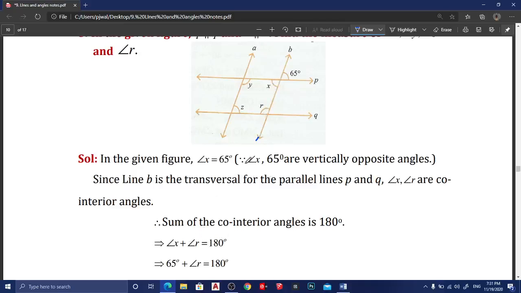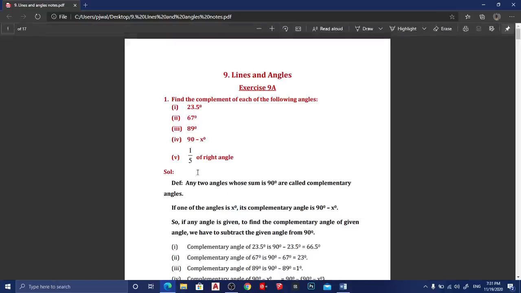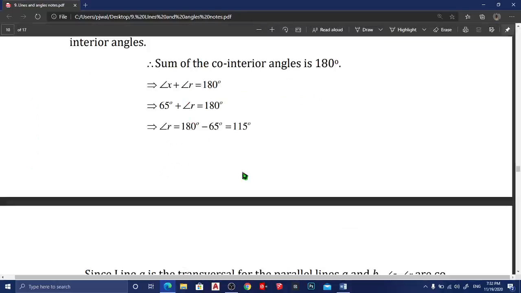Now you know angle X is 65 degrees. So 65 plus angle R is equal to 180. Angle R is equal to 180 minus 65, which is equal to 115 degrees.